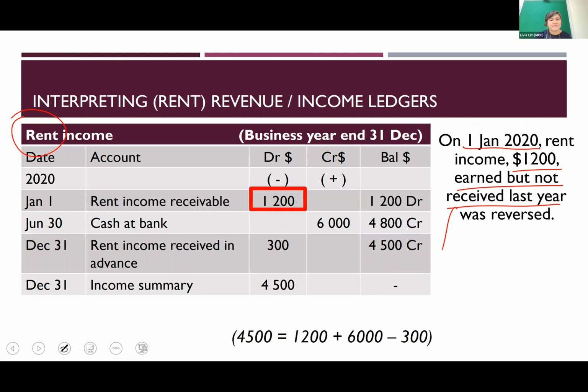So earned but not received last year is describing what is happening here with the rent income receivable. It was earned but not received last year, and this amount was reversed because on the 1st of January, it's a reversal of all the income receivable that I recorded last year.